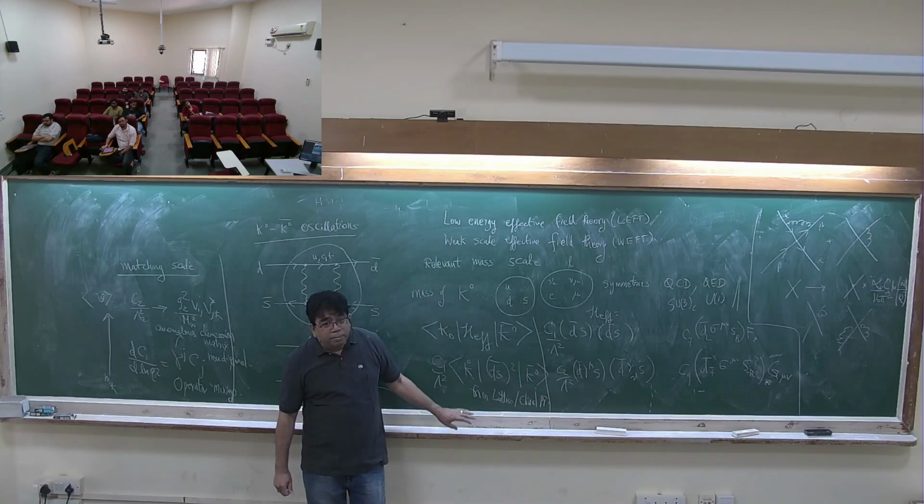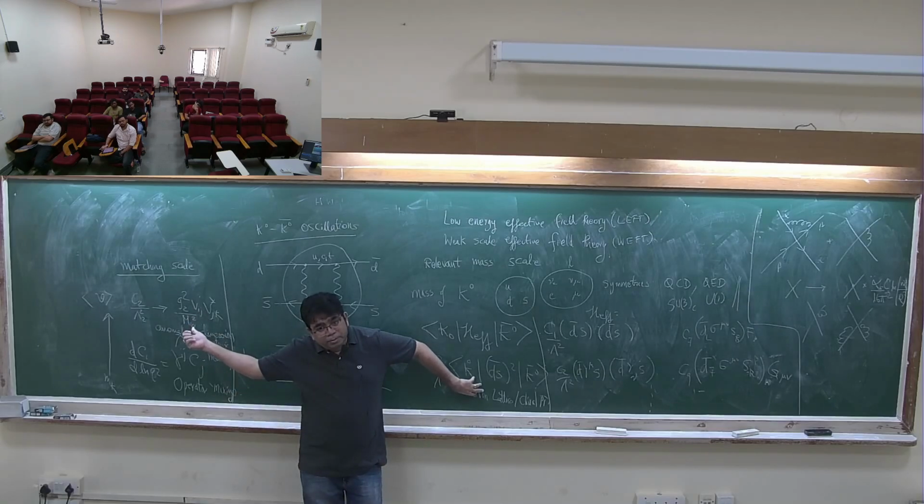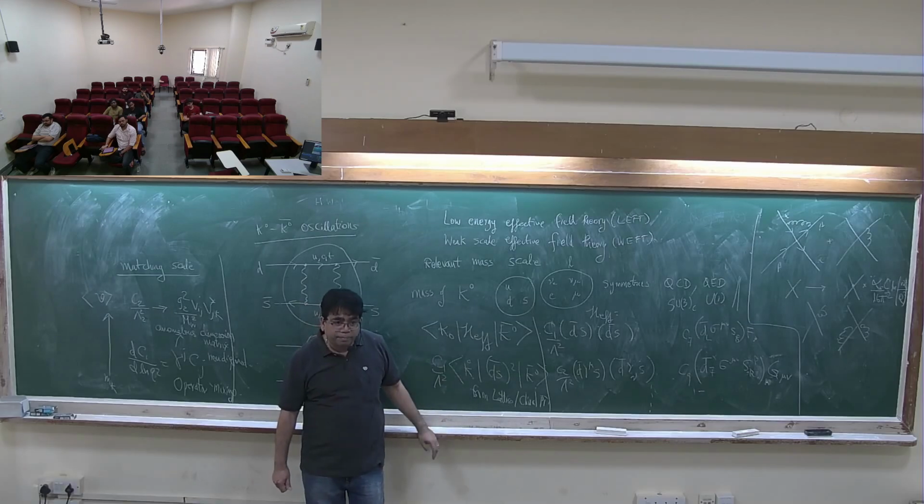The error bars dominantly come from the long distance effects. The short distance you can compute explicitly and accurately. A typical hadronic process will have an error bar of 20%.